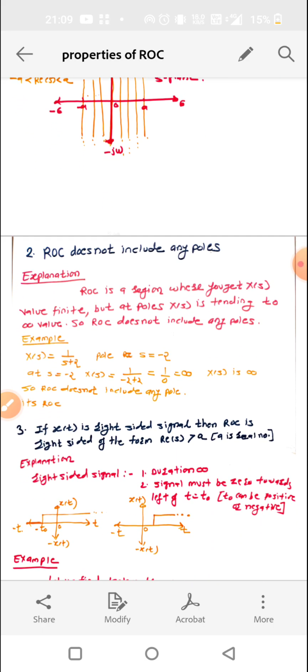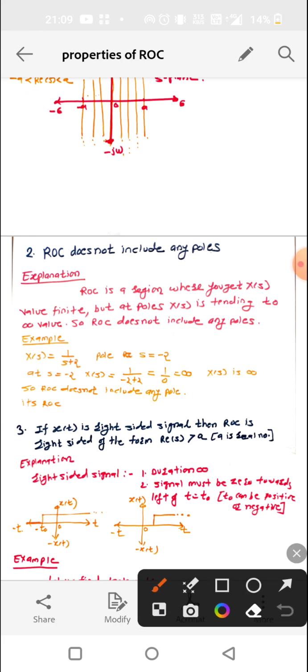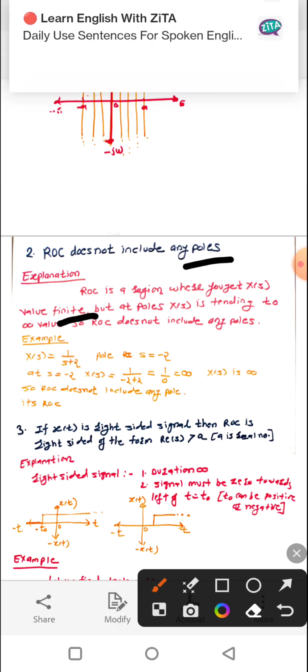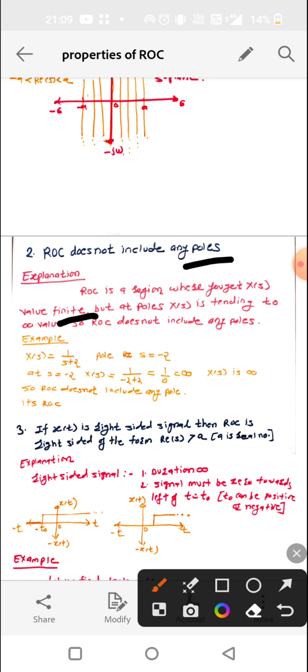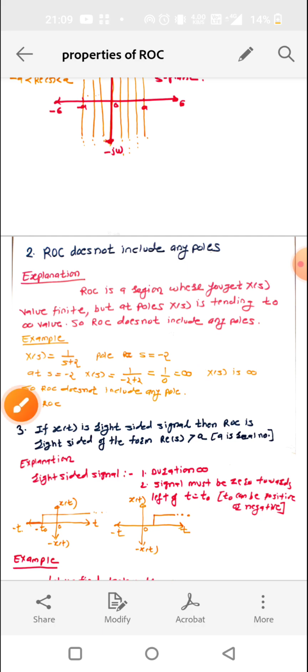ROC does not include any poles. You know that ROC is a region where you are going to get the X(s) value finite, and we have already seen that at poles the X(s) value is infinite. That's why ROC does not include any poles. ROC is the region of convergence, where the value of X(s) is less than infinity.